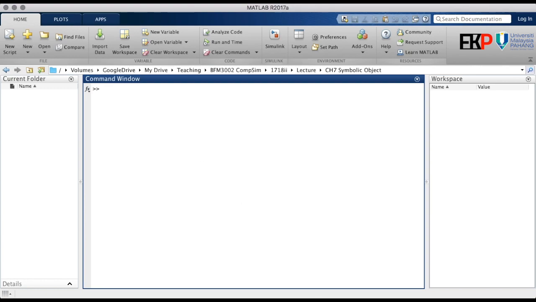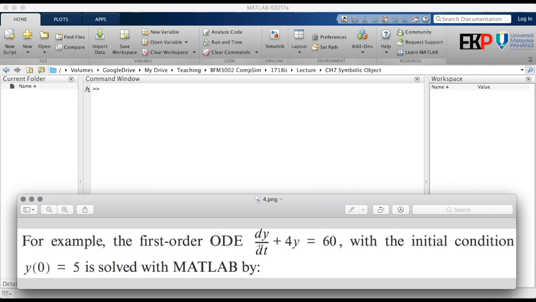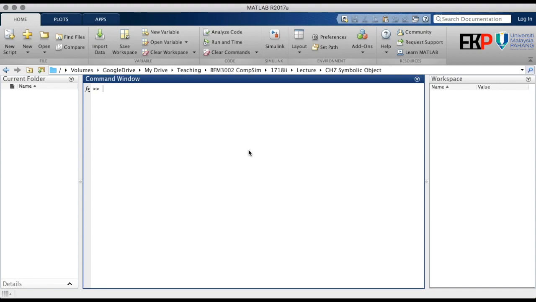So let's see how we can solve this first order ODE, dy dt plus 4y equals 60, with the given initial condition y of 0 equal to 5. To solve this, first we need to define the symbolic object, in this case y with respect to t.